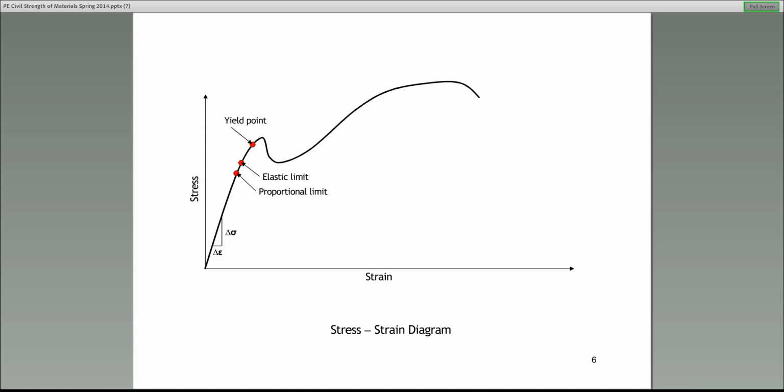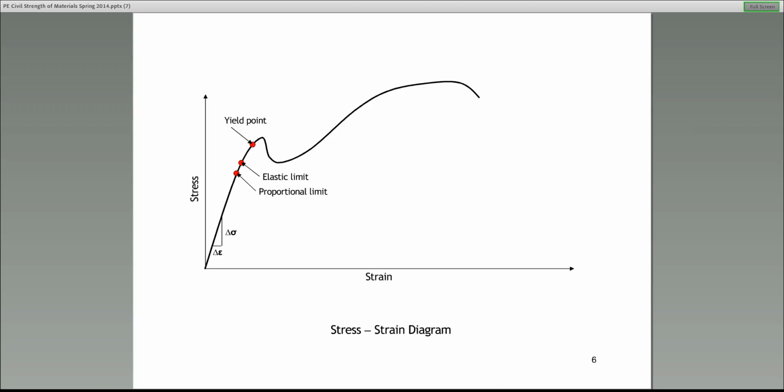Now, the third important point that I wanted to share with you is called the yield point. For a ductile material, the location of the yield point is approximately where this double kink occurs.